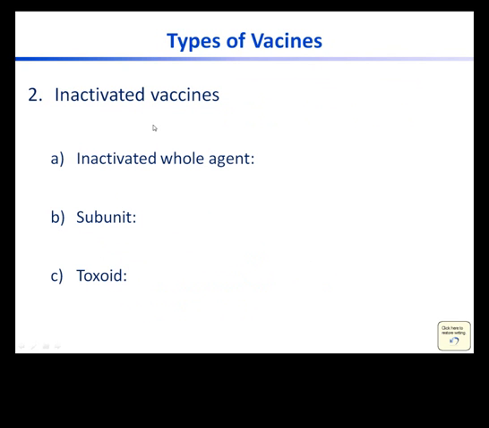Most of our vaccines are inactivated. These consist of killed bacteria or virus, or acellular preparations where only proteins or parts of the bacteria or virus are used as a vaccine.